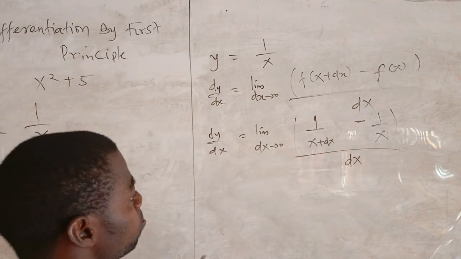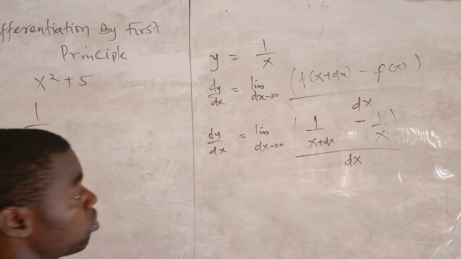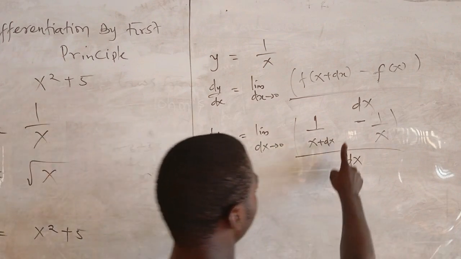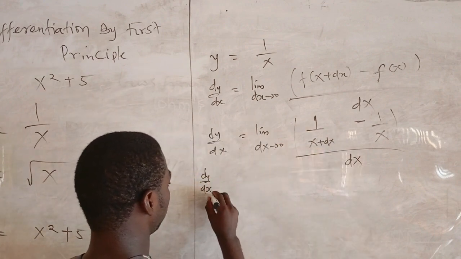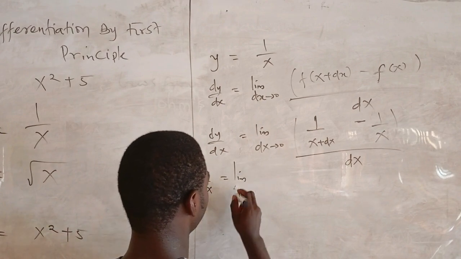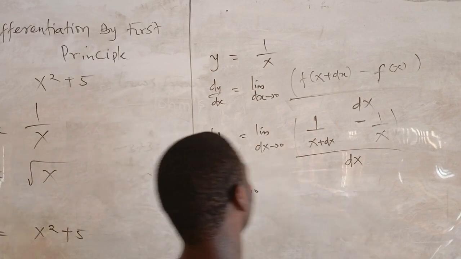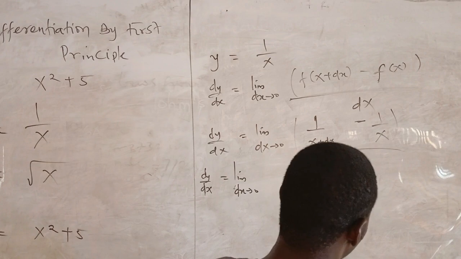Okay, so at this point what we'll do here at the numerator is to clear the fraction, right? Is to resolve the fraction, simplify the fraction. By that, we'll get dy over dx equals the limit as dx approaches 0. So how to clear the fraction? Simply by using the butterfly method.